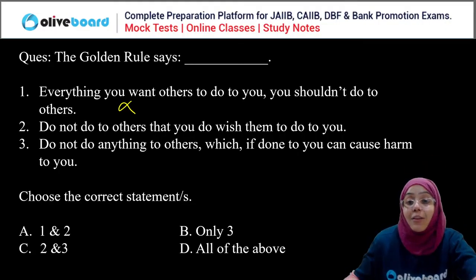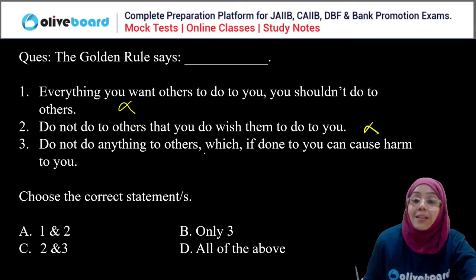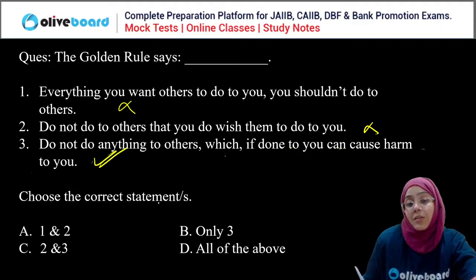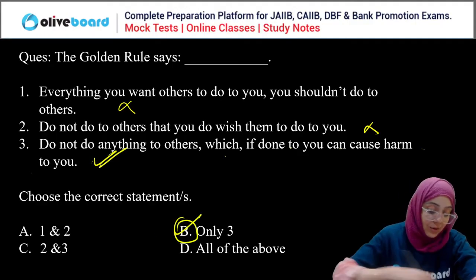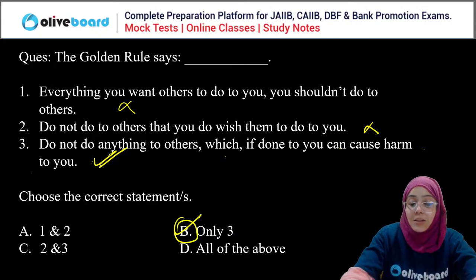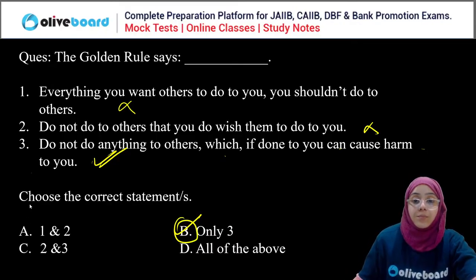So this is a negative perspective, neither is this the correct answer. Do not do anything to others that, if done to you, can cause harm to you. That is correct, right? So only the third is the correct statement, everyone. Clear?